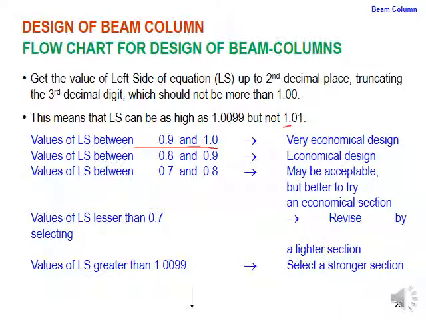It will be a very economical design. If the result of the interaction equation is between 0.8 and 0.9, it will be economical, average. If it is 0.7 to 0.8, it may be acceptable, but it is better to try a more economical section. If it is less than 0.7, you have to revise to a lighter section. And if the left hand side value is greater than 1, of course, you have to select a stronger section. That is obvious.